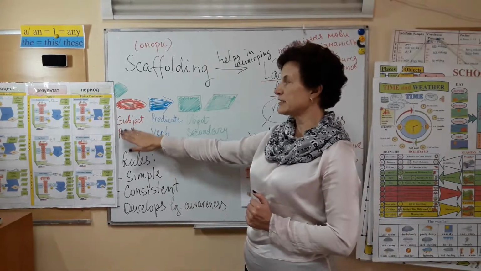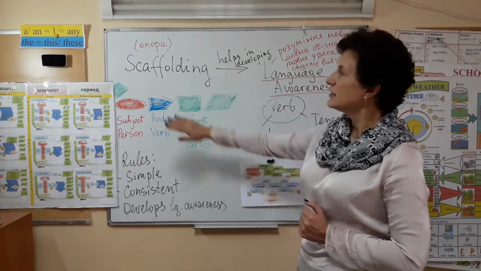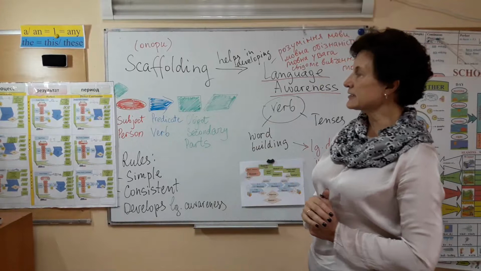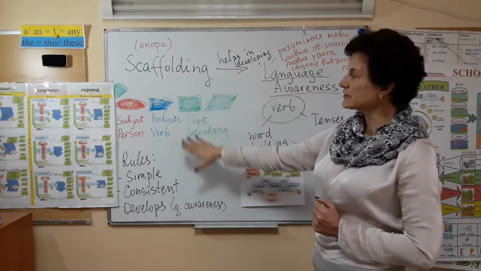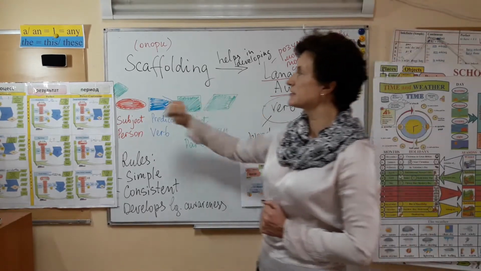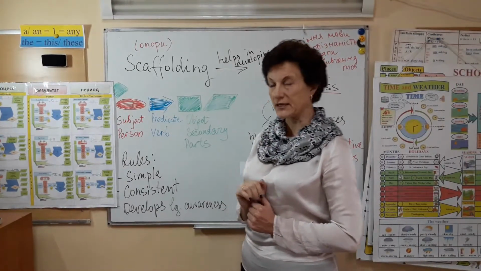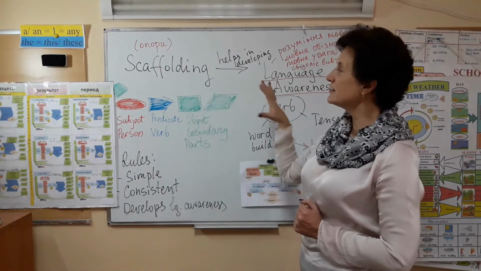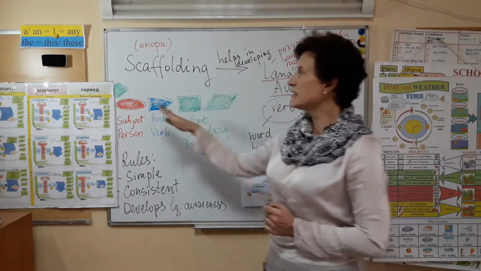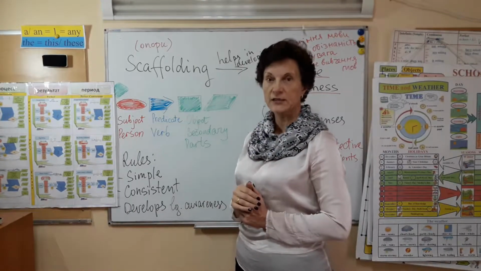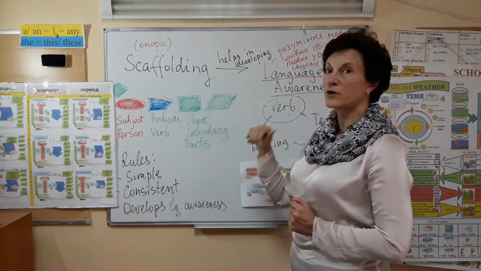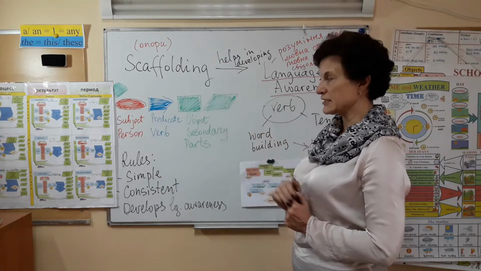A bubble is a subject or means a person, an arrow is a predicate or a verb, a rectangle is an object, and there are also shapes for all secondary parts of speech, adverbial modifiers and adjectives. One rule that is important for using such shapes: they have to have different colors. Coloring helps children understand and adds more meaning to the scaffolding technique.